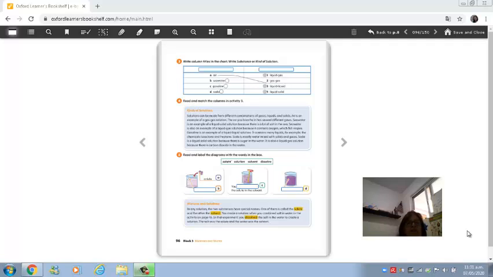You have 2 columns. All right? Let's write the titles. The first title would be, correct, substance.